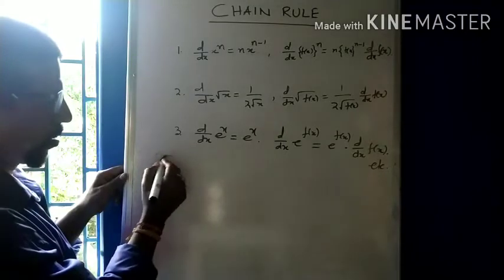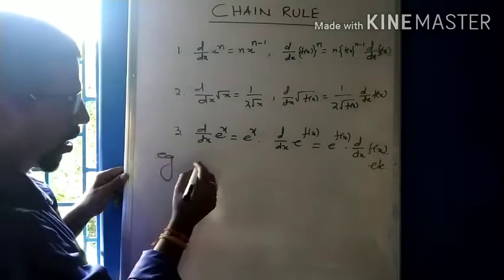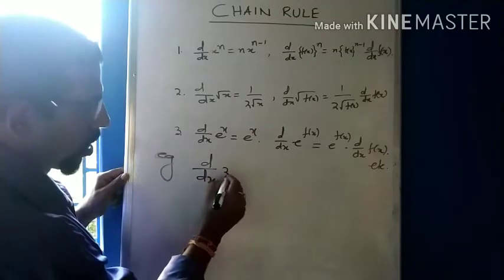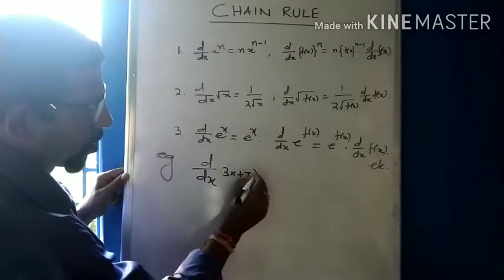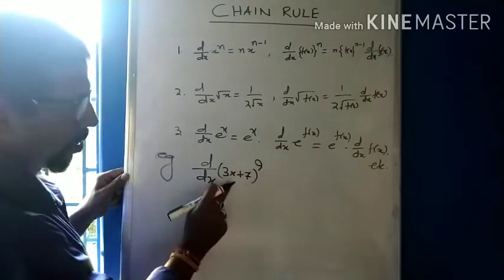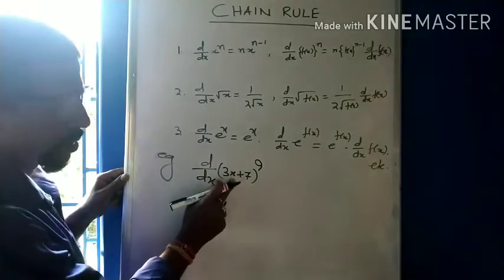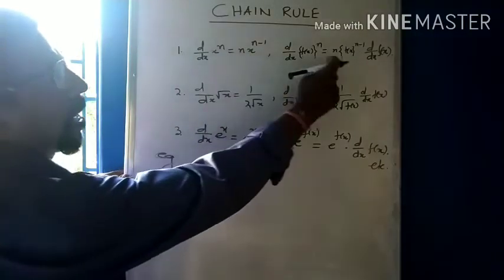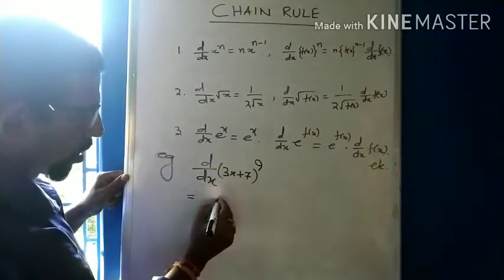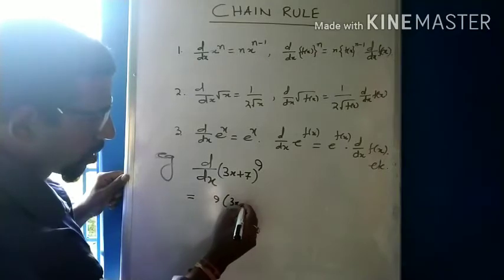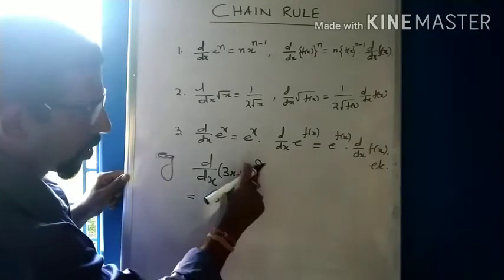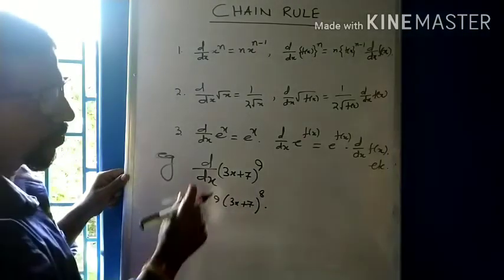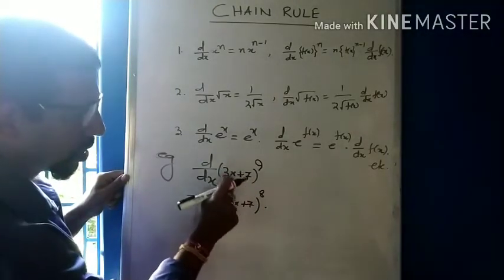As an example, suppose we differentiate (3x plus 7) to the power 9. It is not x but a function of x. So how to differentiate? As it is n f(x) to the power n minus 1, it will be 9 (3x plus 7) to the power 9 minus 1, which is 8, into, you have to differentiate again the function which is there instead of x.